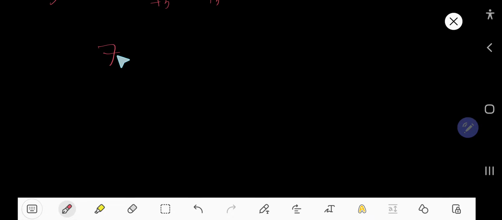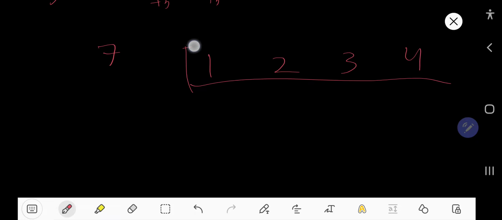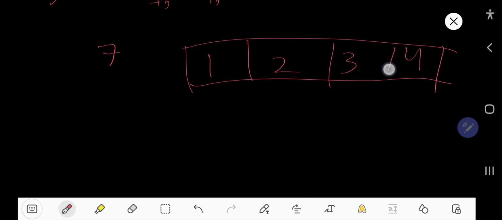So let us consider how to find the multiplication table of 7. This is hard, right? At first you need to write like this: 1, 2, 3, 4. 7 times 1, 7. 7 times 2 equals what?